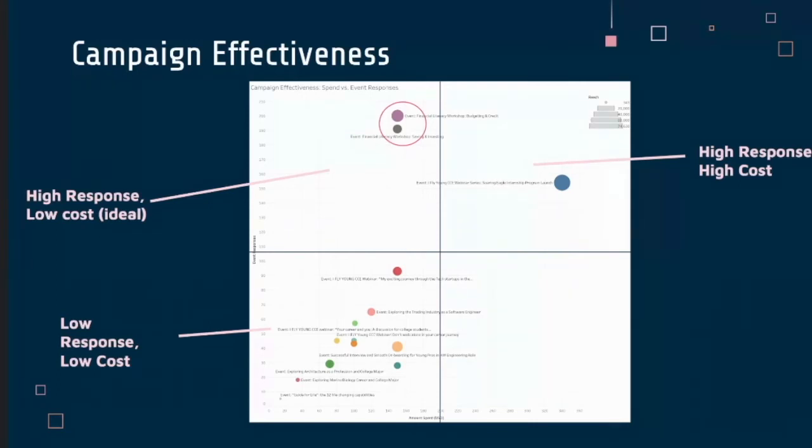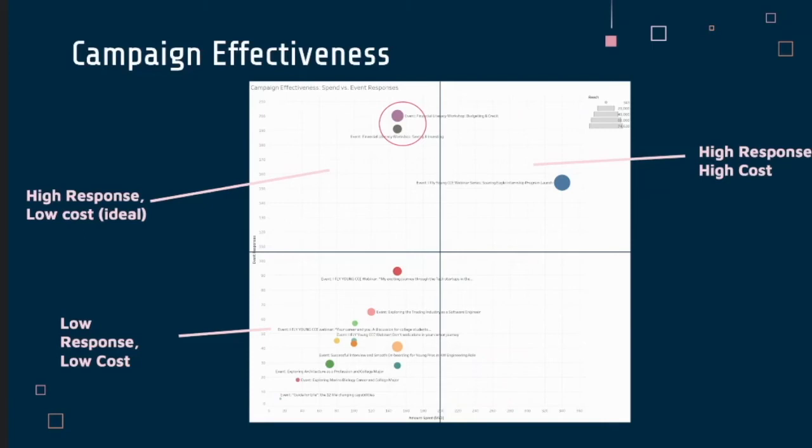On the lower left-hand side quadrant, with the lowest response and lowest cost, we have all other CCE ads. We hope that in the future we can move all of those ads to the upper left quadrant where the financial literacy events are.